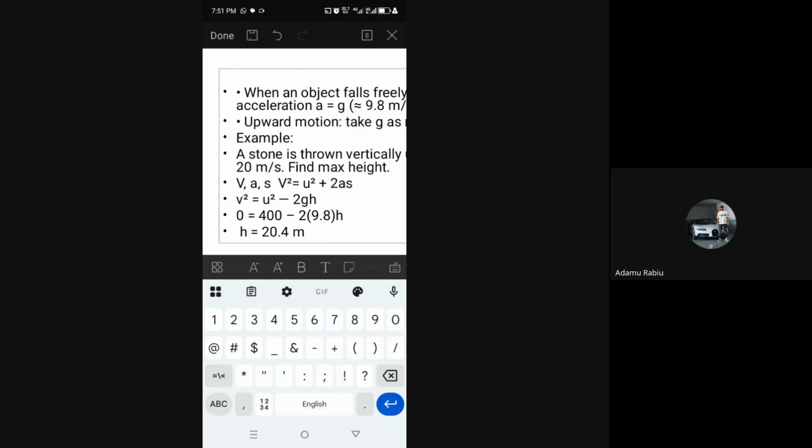I also said that an object starting a motion from rest does not have initial velocity because it's just starting from rest. The initial velocity is 0, but it's going to have a final velocity. Also, an object going to rest, that is stopping, has been in motion and is stopping, will have 0 as the final velocity, but we have initial velocity.